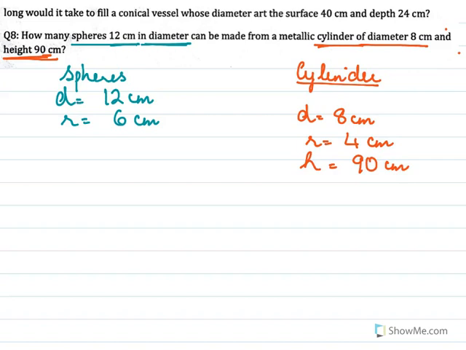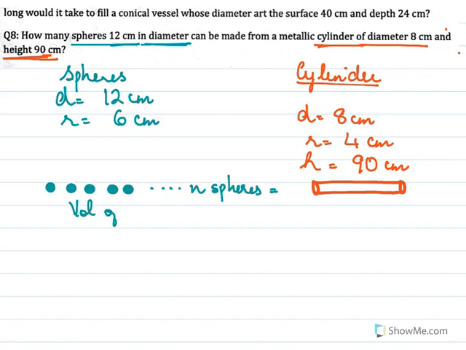Now we have to find how many spheres. We don't know how many spheres. Say n spheres. These n spheres are melted to give the cylinder of this dimension. So our equation will be volume of spheres equal to volume of cylinder. Now volume of one sphere is 4 by 3 pi r cube.